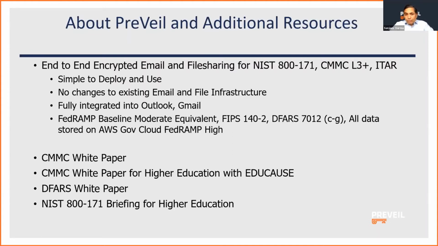So when it comes to Prevail, it's an overlay. It doesn't change your existing email and file infrastructure because it doesn't touch it. And as I mentioned, it's fully integrated into Outlook and Gmail, with the same email address.